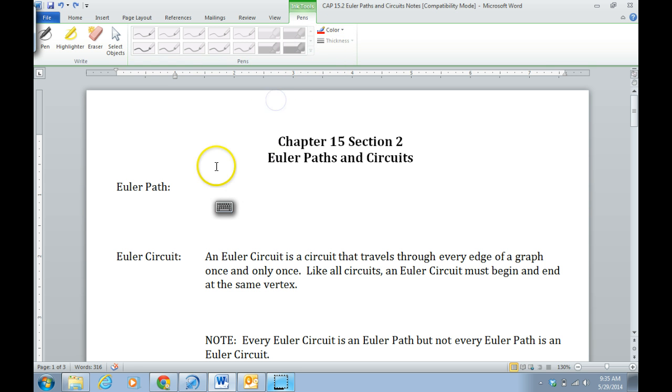Okay? So, if I can get my pen to work. There we go. Okay, so an Euler path is a path that travels through every edge of a graph once and only once.